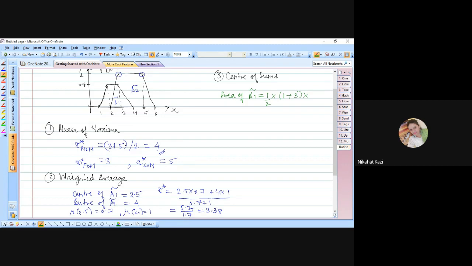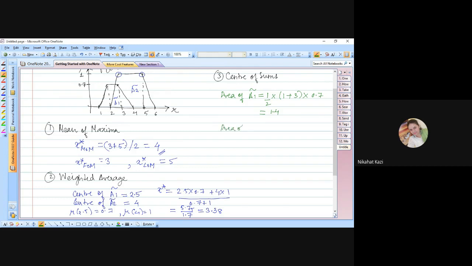Height is this 0.7. Half into sum of the parallel sides into height, right? So what is the answer for area of A1? 1.4.